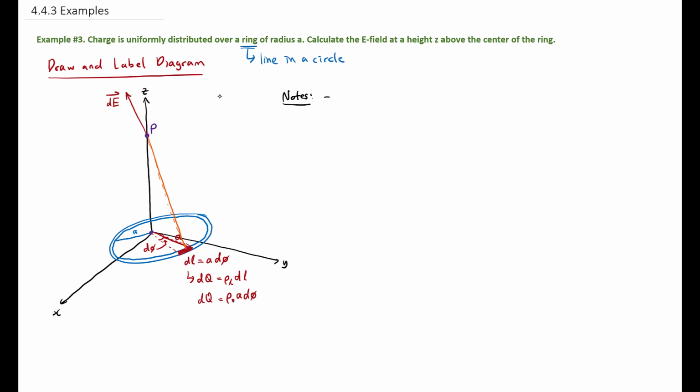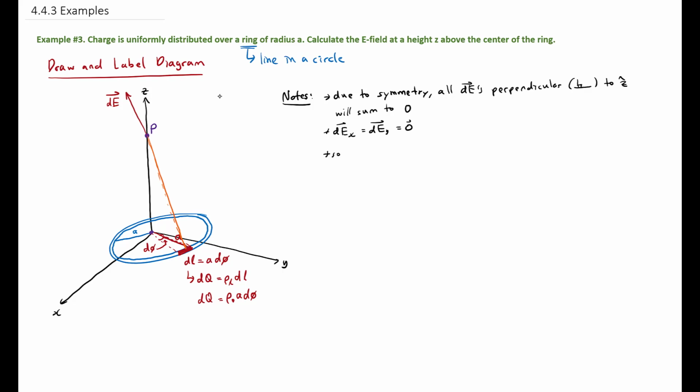So due to symmetry, all the dEs perpendicular to the z-axis will sum to 0. So in other words, dEx is equal to dEy, which is equal to 0.